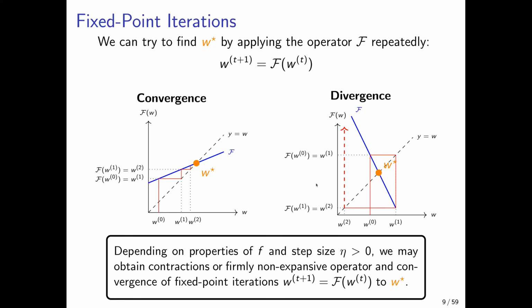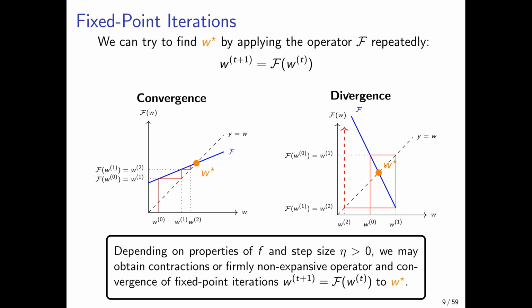While on the right-hand side, we are doing something similar, but it leads to a different result. We can start again with some input w0. Then for the first iteration, we get w1. Again, we take this as the input for the next iteration to get w2. And then we get a very large value up here.